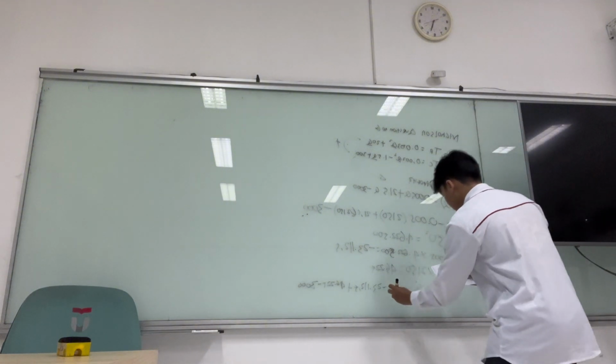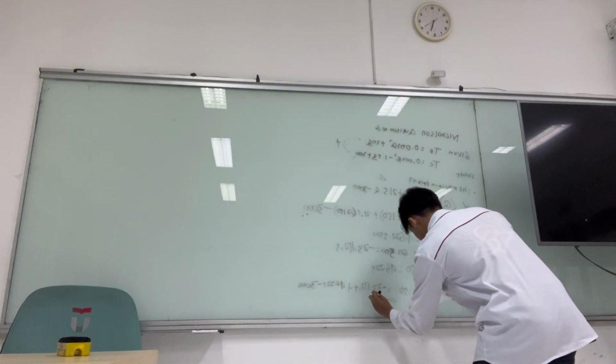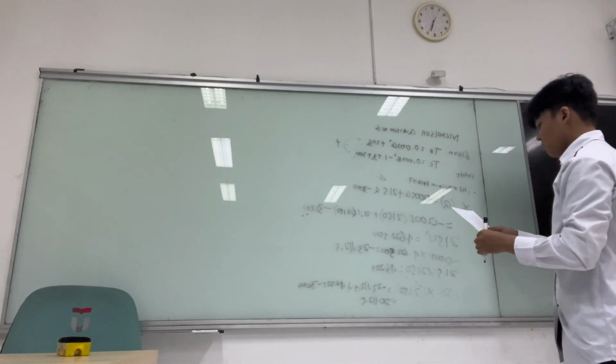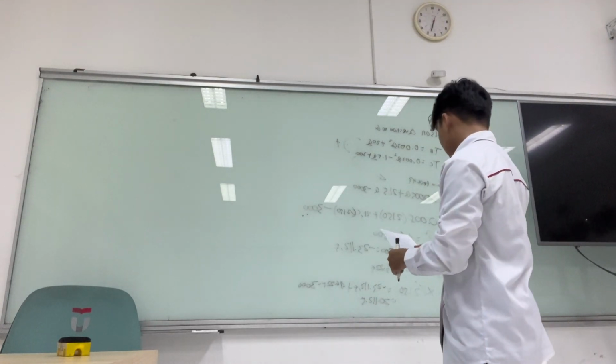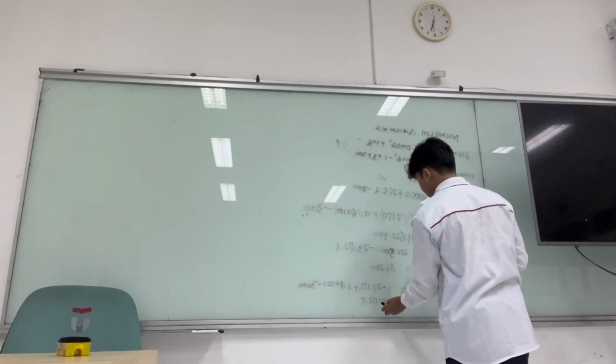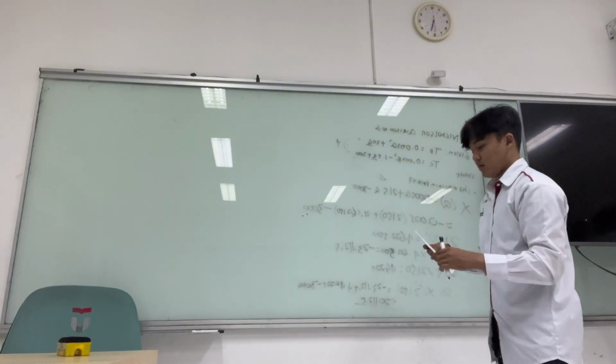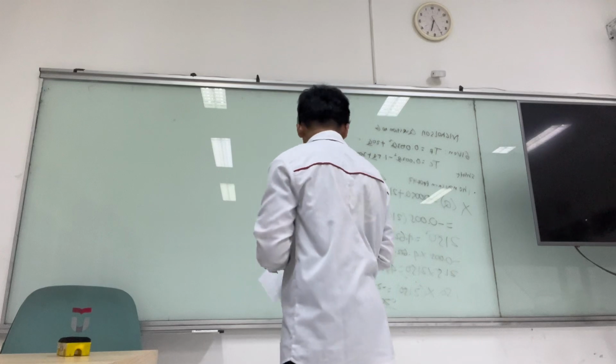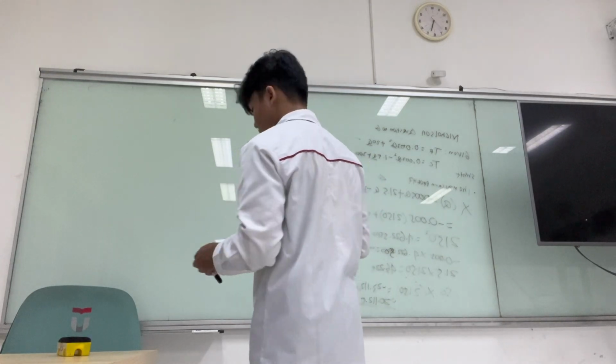So the answer will be 30,112.5. So this will be the maximum profit the manufacturer can get, since we take the profit maximizing quantity and the total revenue and total cost.